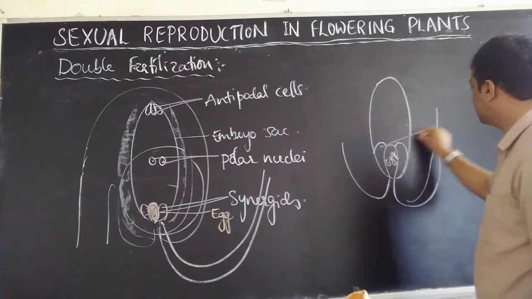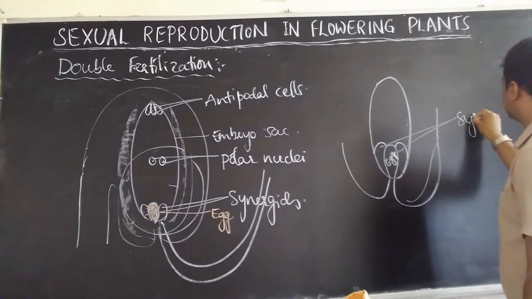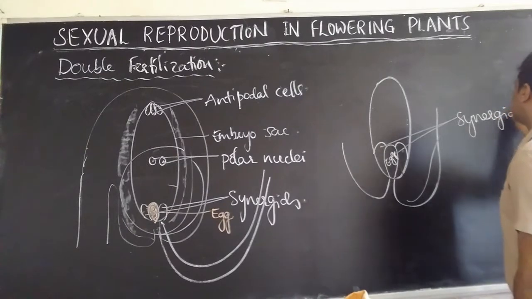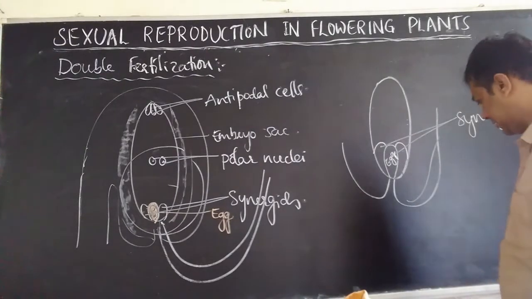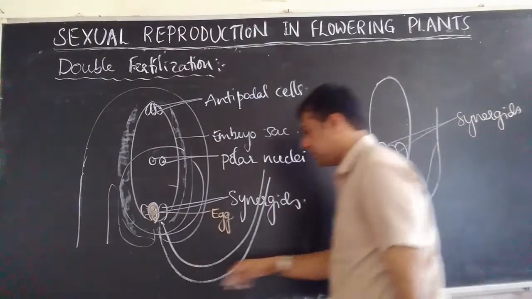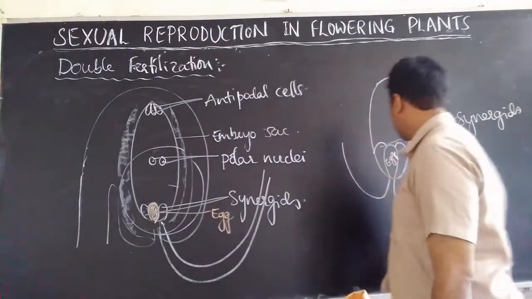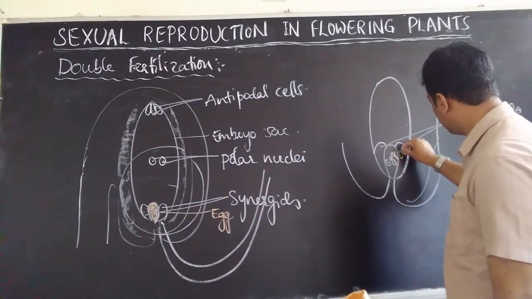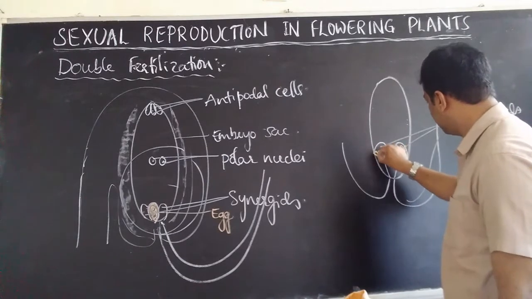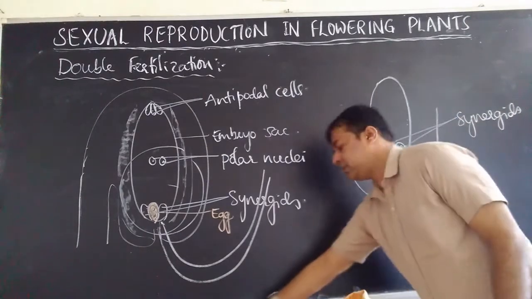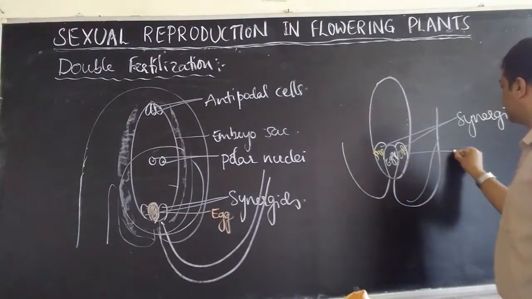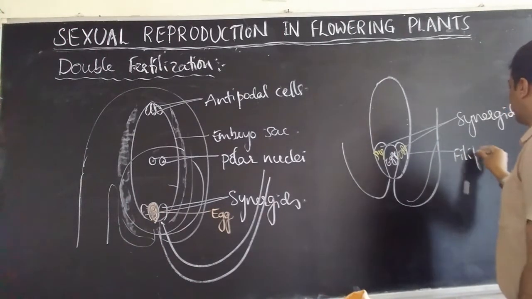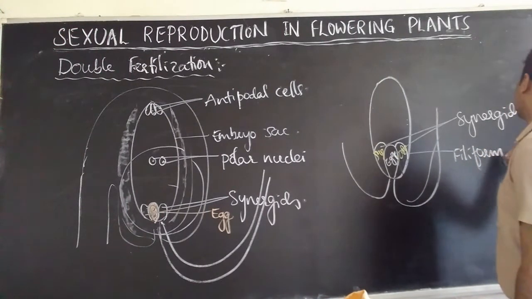Then, in the synergid, there is a finger-like structure here. What is that called? That is called the filiform apparatus. We already learned this in the last class.